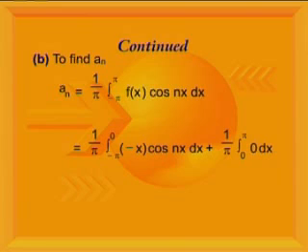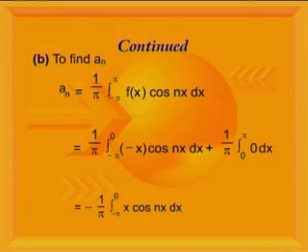The last integral becomes 0 because in the interval from 0 to pi, the value of the function is 0. So an is equal to 1 over pi times the integral of -x cosine nx, x from -pi to 0. Now you can take the minus out, so that is equal to -1 over pi times the integral of x cosine nx with respect to x.